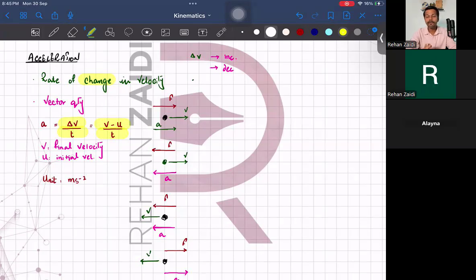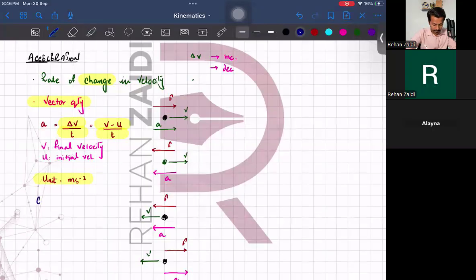Since it involves change in velocity, it is referred to as a vector quantity. मतलब direction would be involved over here, right? And it's measured in units of meter per second square. Now, the most amazing thing about acceleration is that acceleration is the change in velocity.